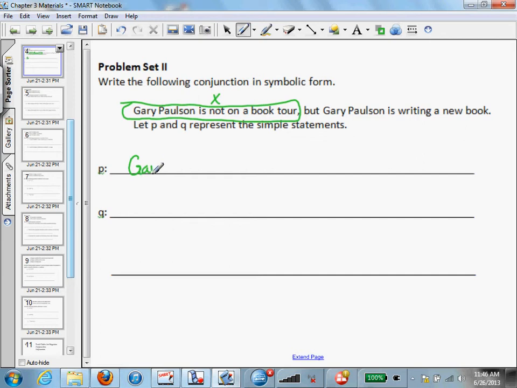So we can say Gary Paulson is on a book tour. And let Q refer to the other part of the sentence, Gary Paulson is writing a new book.